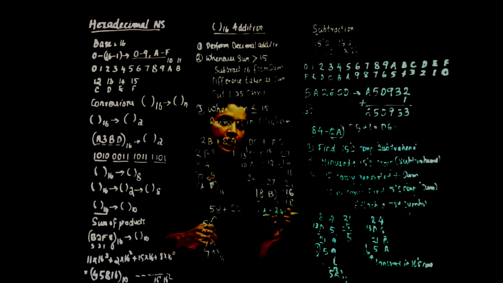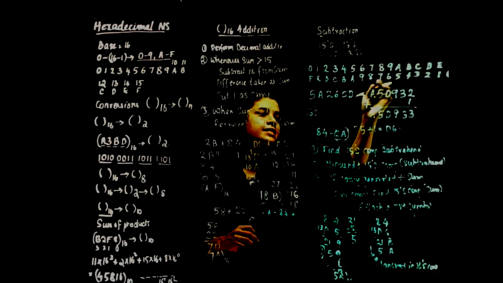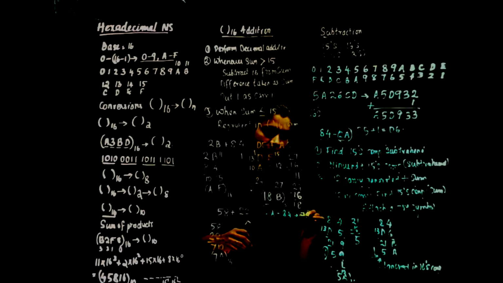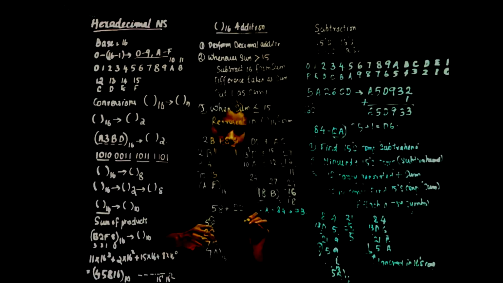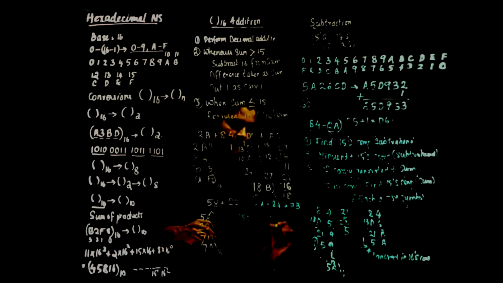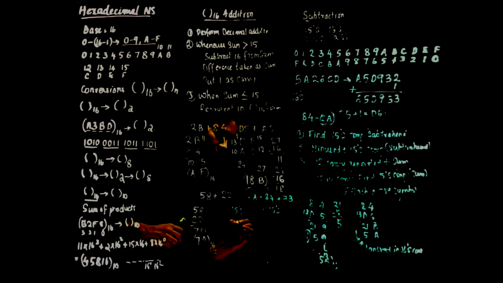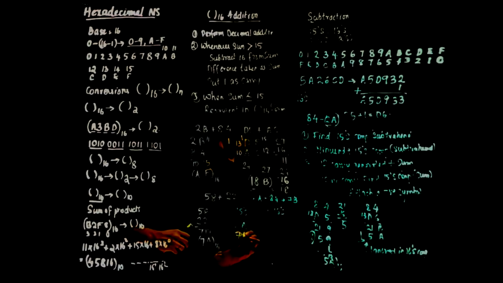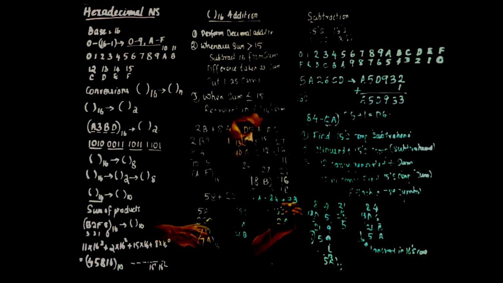Find the 15's complement of 84, which is 7B. So, 2A plus 7B, which is 2A plus 7B.